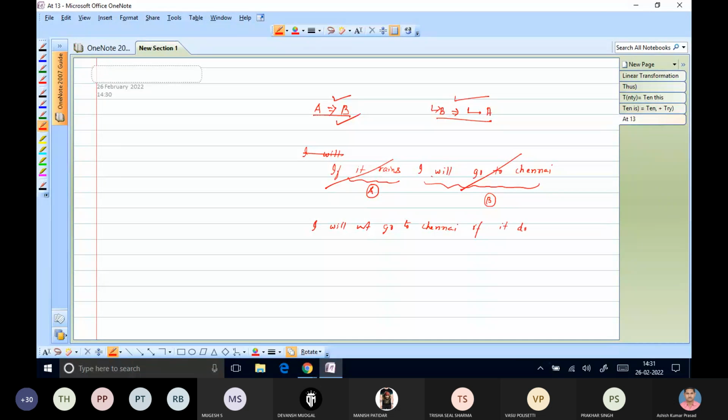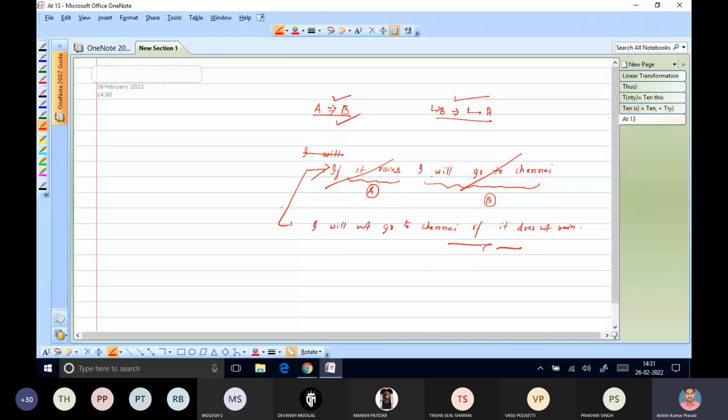Both statements are the same. They represent the same thing.